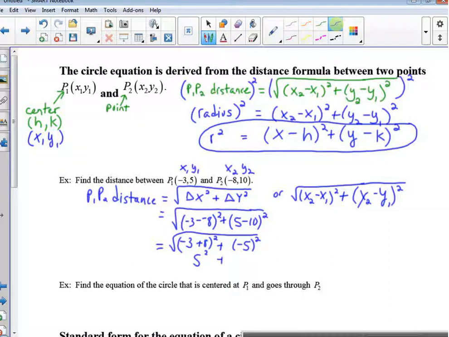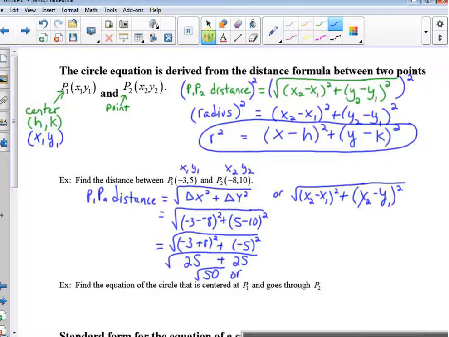So that becomes 25. So I really have 5 squared, which really just becomes 25. And I have still the square root of that, which is the square root of 50. Okay, so that's the distance.